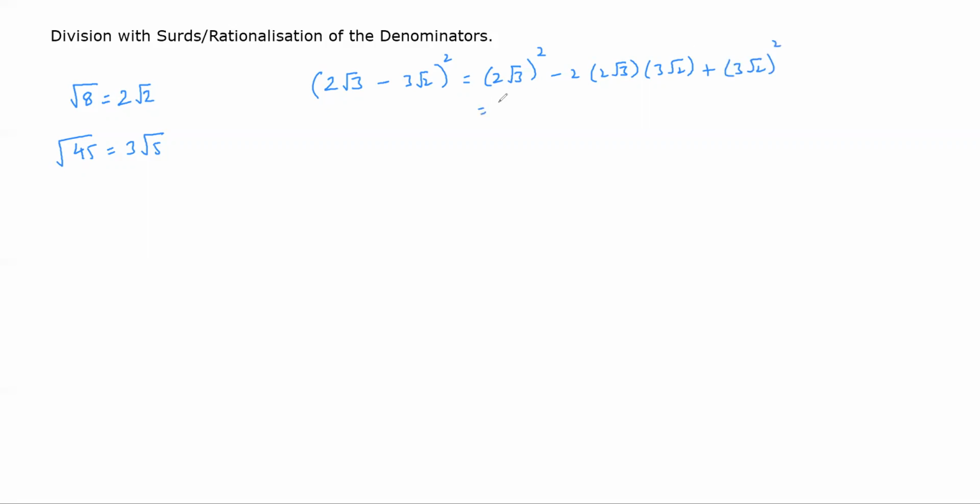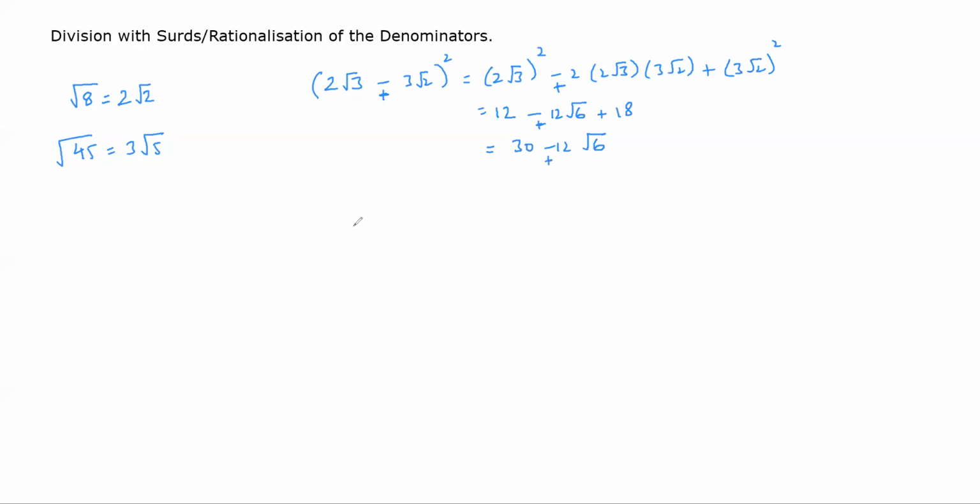Now this 2 under root 3 square has to be 4 times 3, this is 12, and this is 2 2s are 4, 3s are 12 under root 6, and this one is 9 2s are 18, so we can write it as 30 minus 12 under root 6. Similarly, if this was plus here, this term would be plus here, okay?